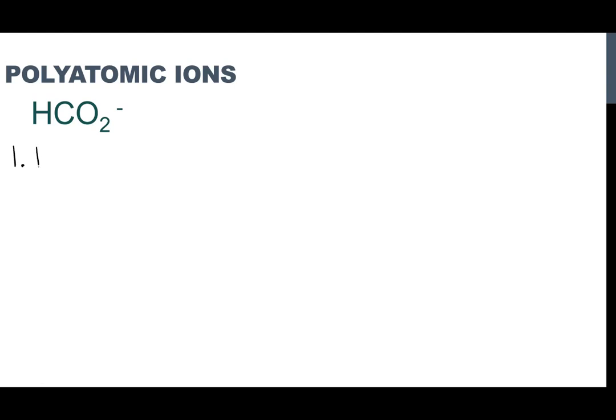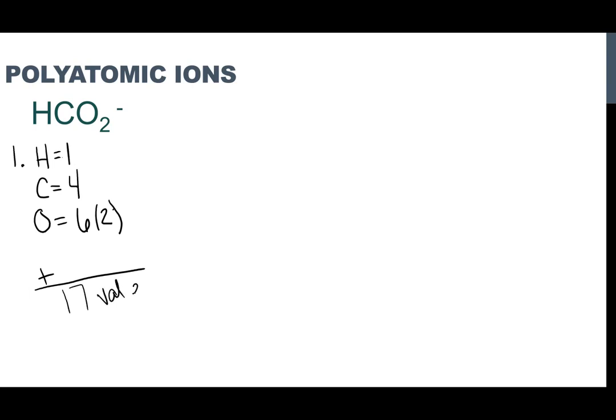I'm going to determine how many valence electrons are at the party. So hydrogen brings 1, carbon brings 4, each oxygen atom brings 6, and there's 2 of them. If I simply add all of this together, I've got 12, 13, 14, 15, 16, 17 valence electrons at the party.